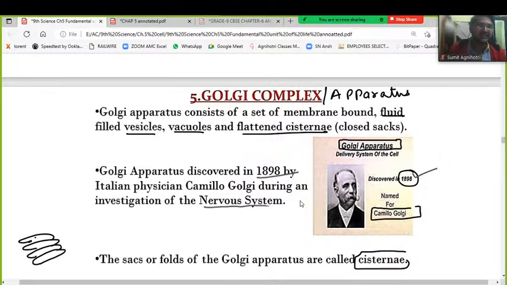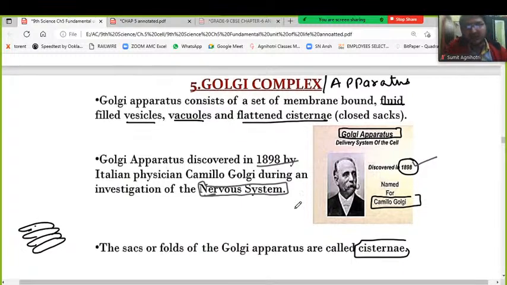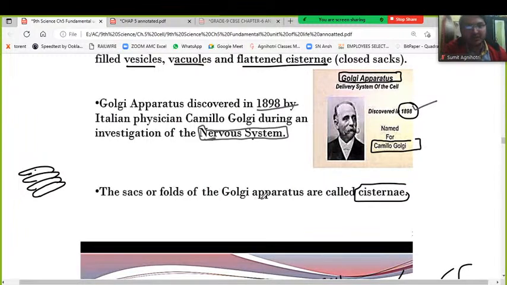He was investigating the nervous system, and during that investigation he found this apparatus. The sacs or folds of the Golgi apparatus, these sacs that you find here, are known as cisternae.